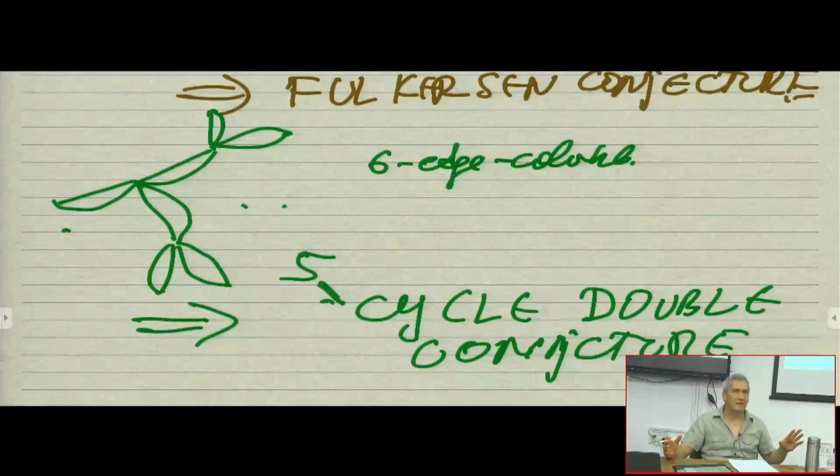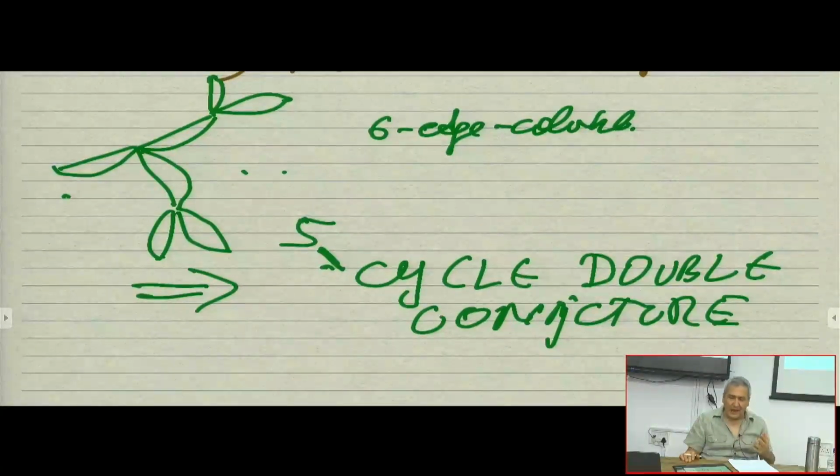Here, a cycle doesn't have to be connected. You can have disjoint cycles and so on, a wider notion. And it says that every bridgeless graph can be covered with 5 cycles. A cycle is actually a union of circuits.